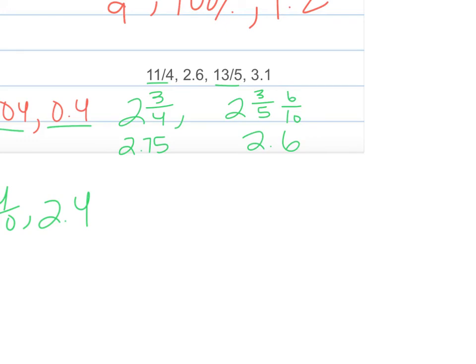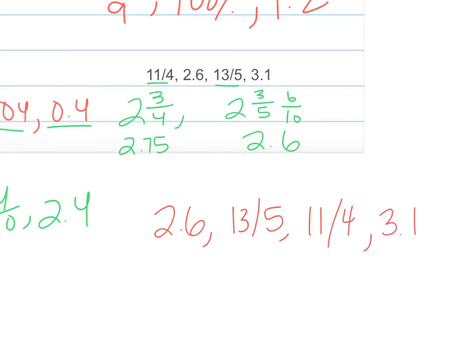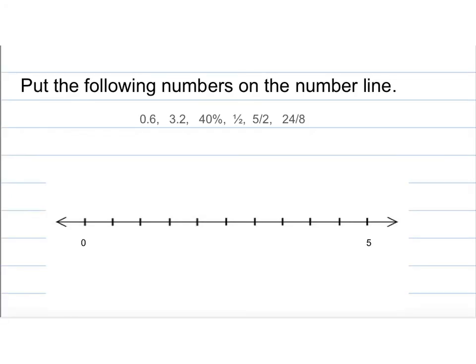Again, we have 2 6/10 that shows up twice, so it doesn't really matter which one we write first. 2 6/10 and then 13/5. Then the next one would be the 11/4, the 2 75/100, and then 3 1/10. So once you have them all to the same form, it's very simple to think about where they fall in the number line.